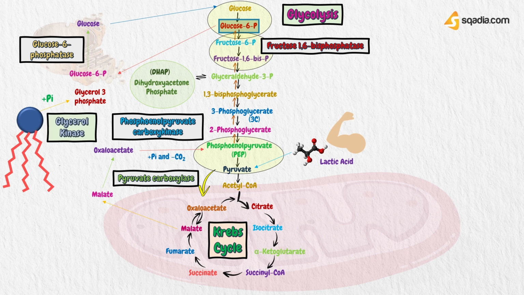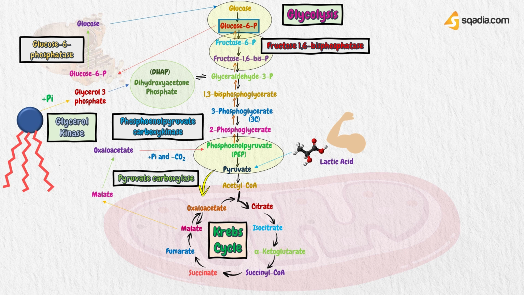This glycerol 3-phosphate converts into dihydroxyacetone phosphate. You must remember that this dihydroxyacetone phosphate is interconvertible into glyceraldehyde 3-phosphate, which is an important step of glycolysis. Now the rest of the steps remain same as lactic acid gluconeogenesis.